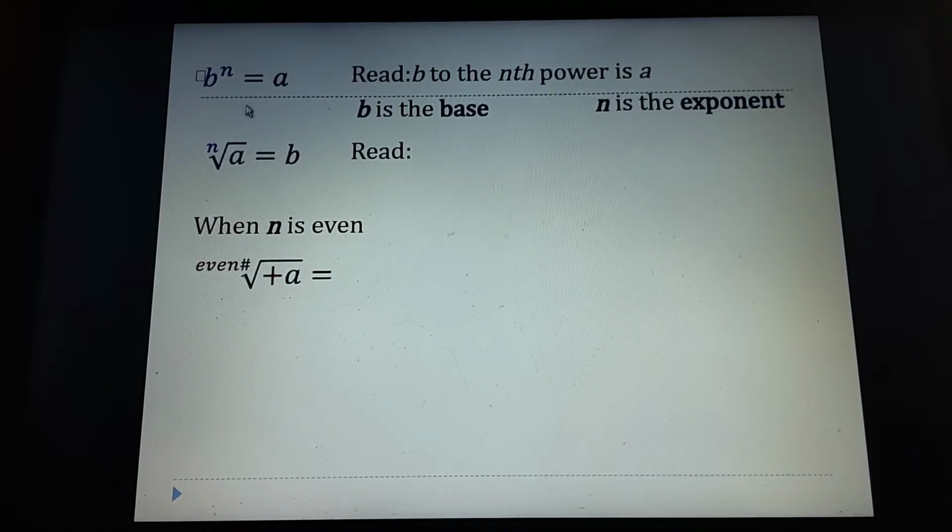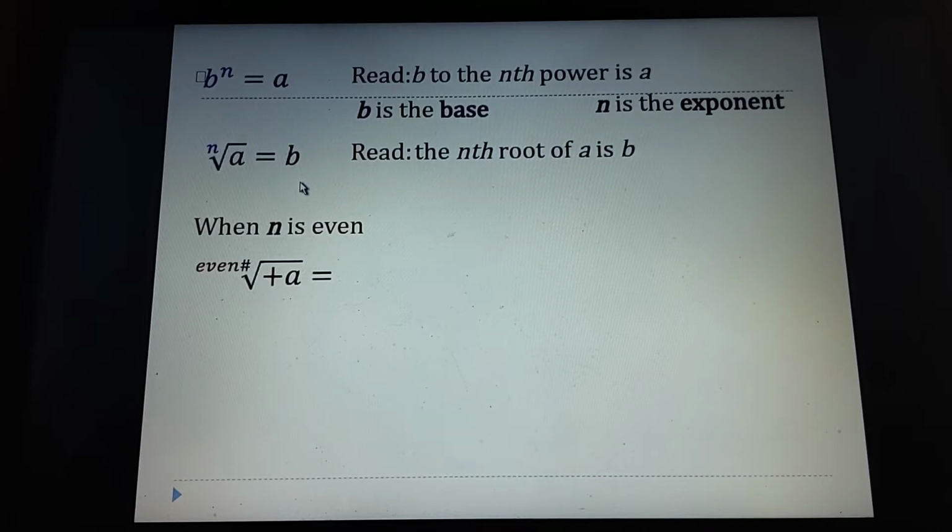Now, it is directly related to this because powers and radicals are opposites of each other. Remember, they undo each other. So to read this, you would read it the nth root of a equals b. Now, the number on the ledge is called the index.